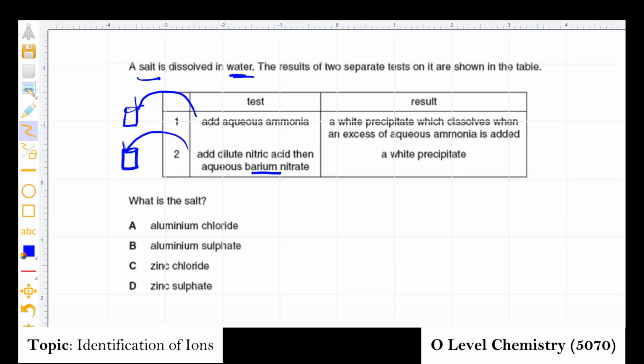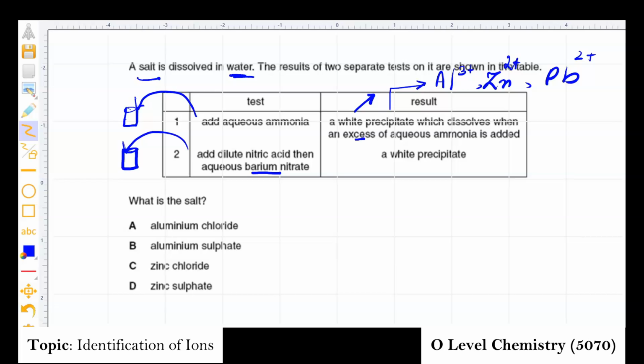Now the observations are also given to you. A white precipitate which dissolved when an excess of aqueous ammonia is added. You get a white precipitate and this white precipitate dissolves. As you know, when ammonia is added and you get a white precipitate, it may be Al3+, it may be Zn2+, or it may be Pb2+.